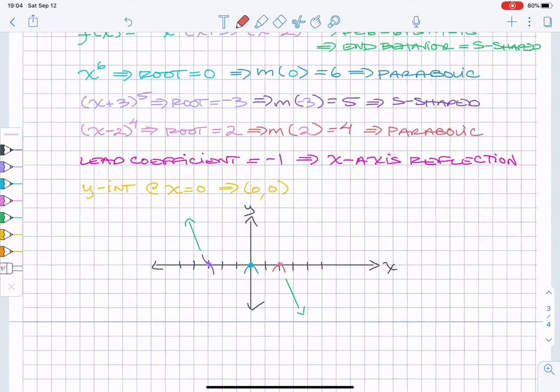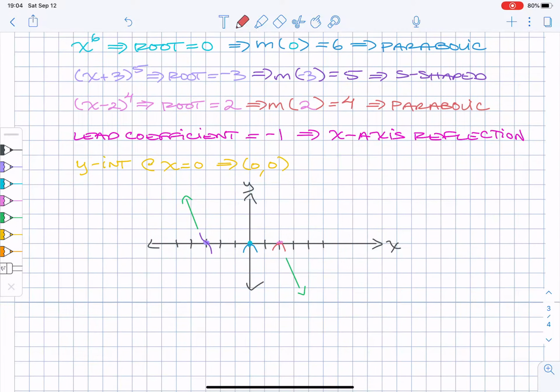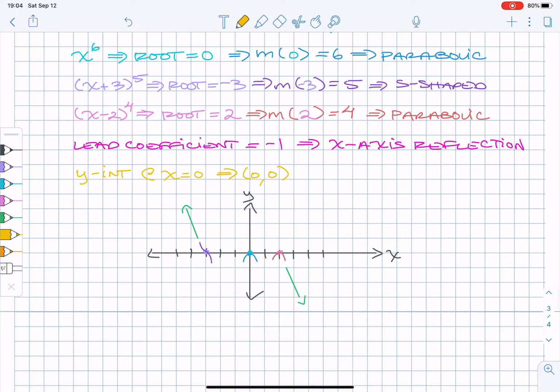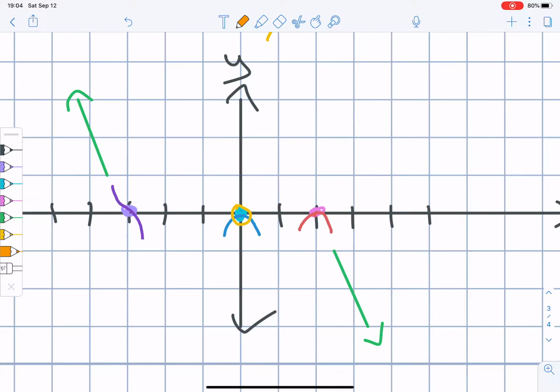Okay, so now I can connect the dots. My intercept was also at 0, so that made life easier. So now I'm coming from the left. I go through the x-axis, come back, and I touch the x-axis at 0. Actually, no, it's okay.